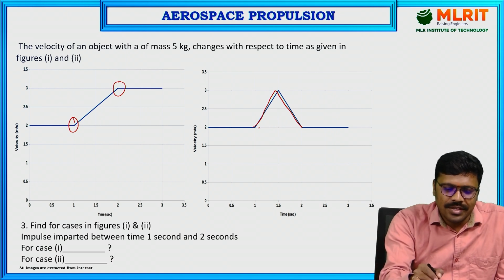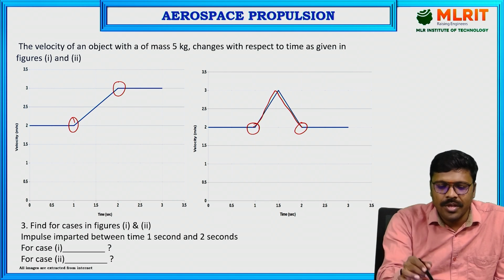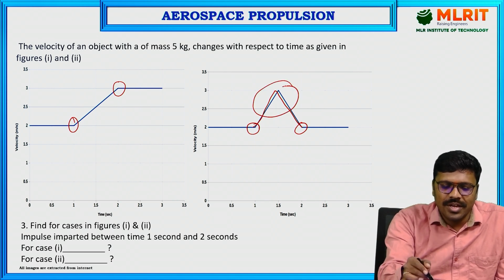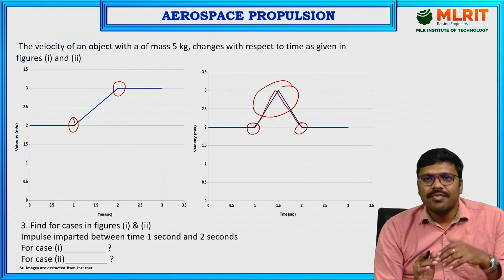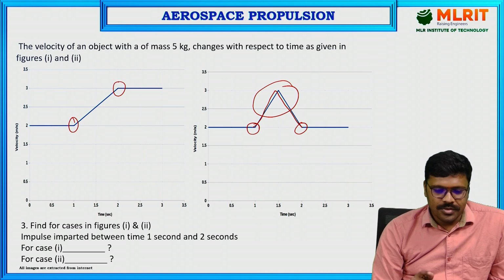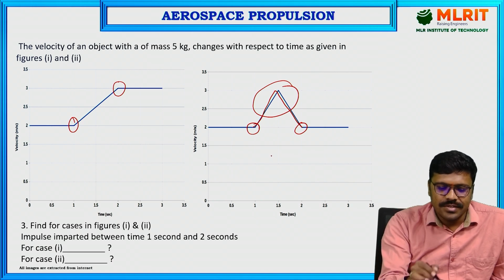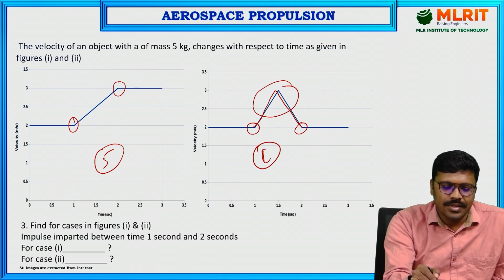The initial momentum is the same and the final momentum is also the same. So whatever may happen, even if the velocity increases or decreases, it doesn't bother about that. That's why we need force to explain the actual motion of the body, right? So impulse in the second case is 0 and in the first case is 5.